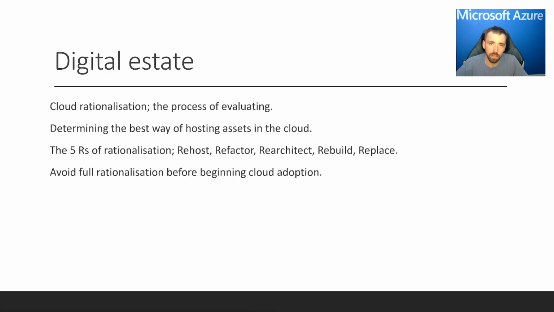So that's when we would re-architect the application. We then got rebuild, and this is rebuilding the application from scratch. So in some scenarios, if we've got particularly big issues with an application and the business need justifies it, we can go to the effort and work to rebuild the application from the ground up.